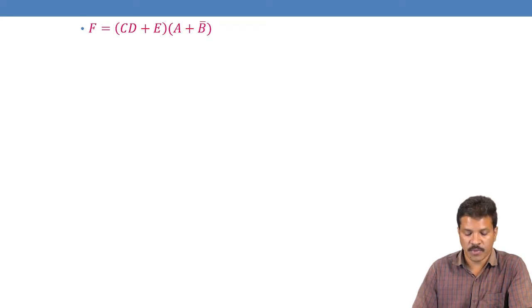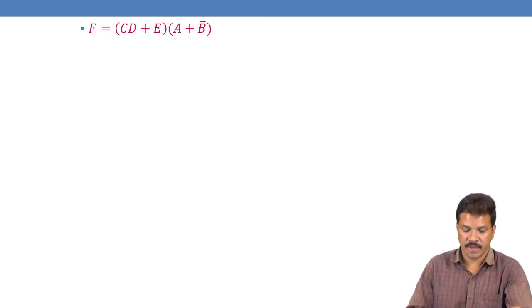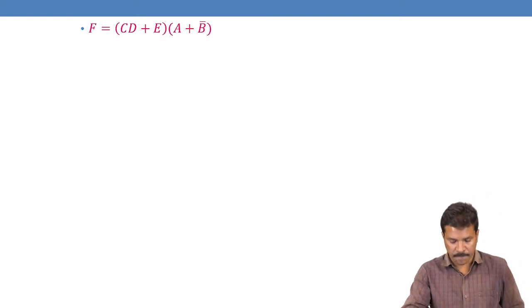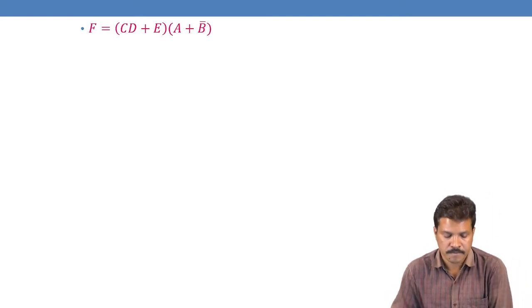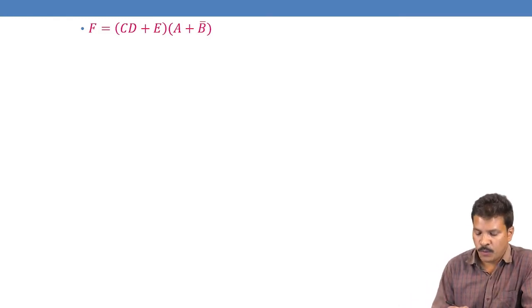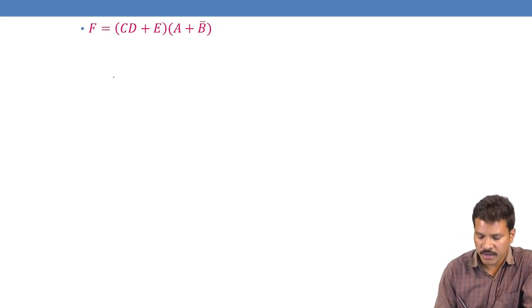Here the Boolean function is F equals (CD plus E)(A plus B bar). If you take two product terms, (CD plus E) in one bracket and (A plus B bar) in another, let us draw this using AND OR inverter implementation.